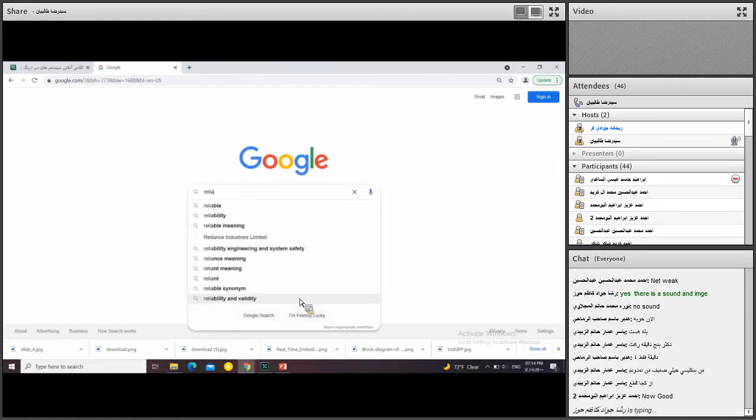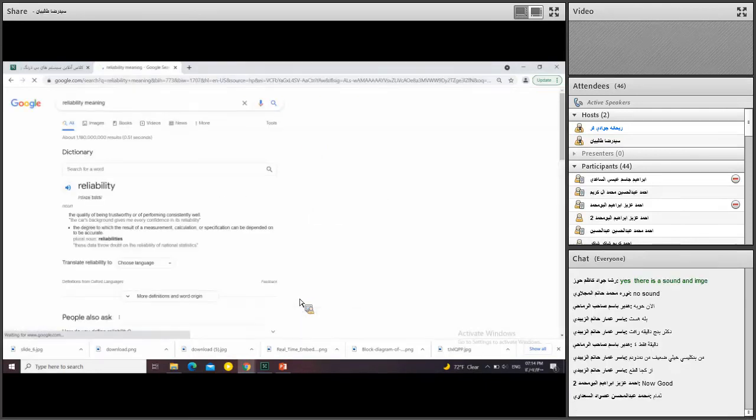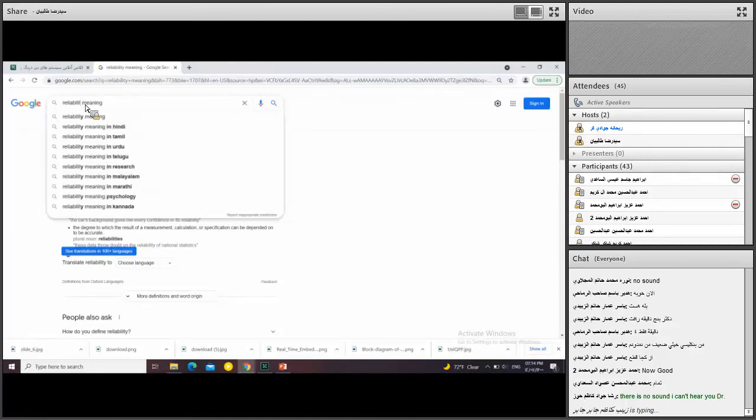Reliability, meaning, for example: as you can see, the quality of being trustworthy or performing consistently well. For a system, the quality of performing consistently well, it is reliability.